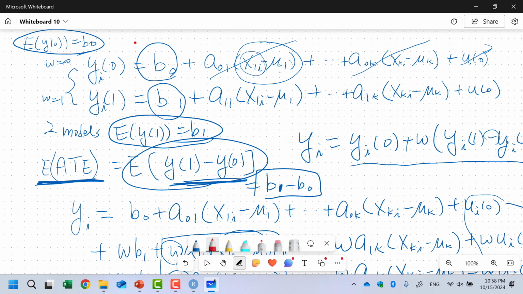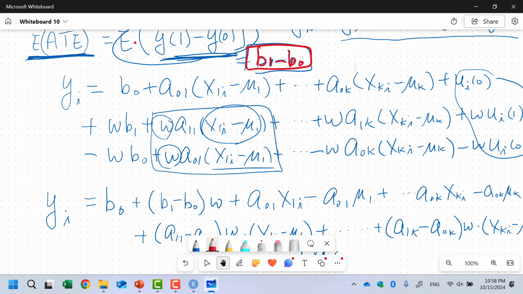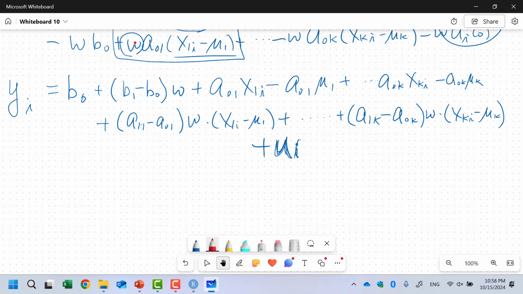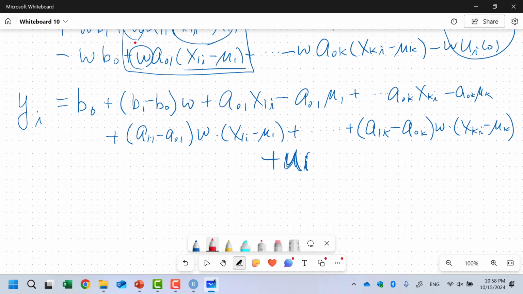This is actually what we want to find out, right? So in this regression, this is what we call tau, the expected average treatment effect.